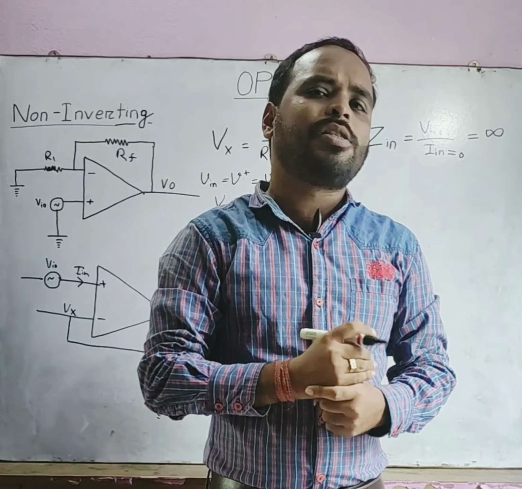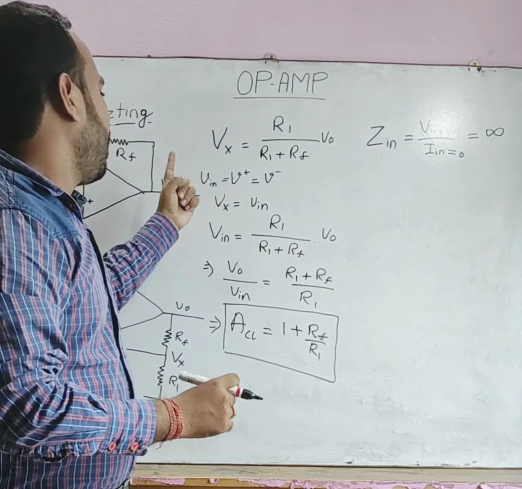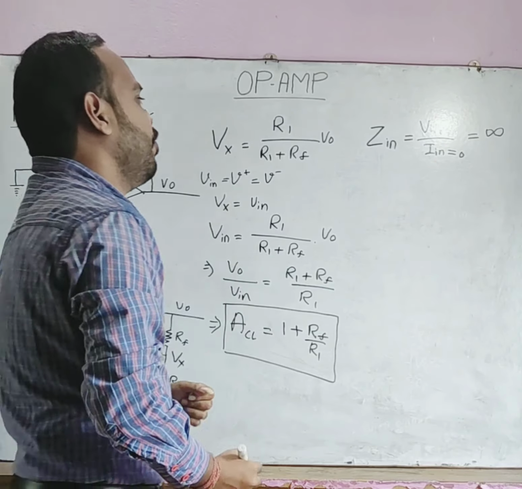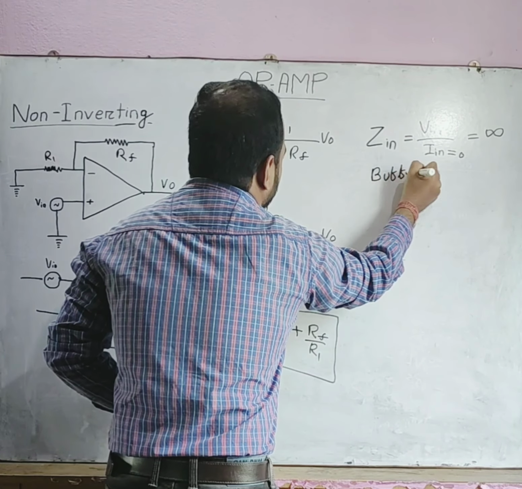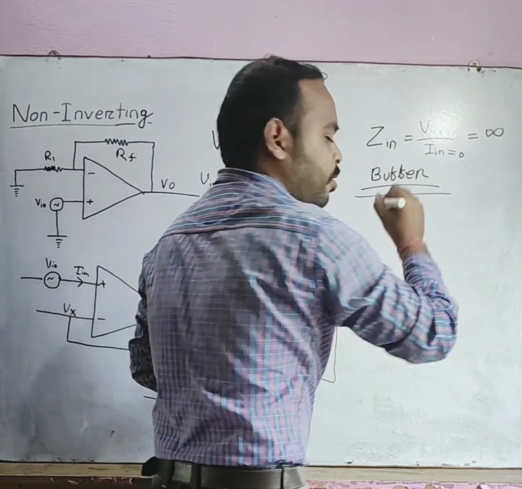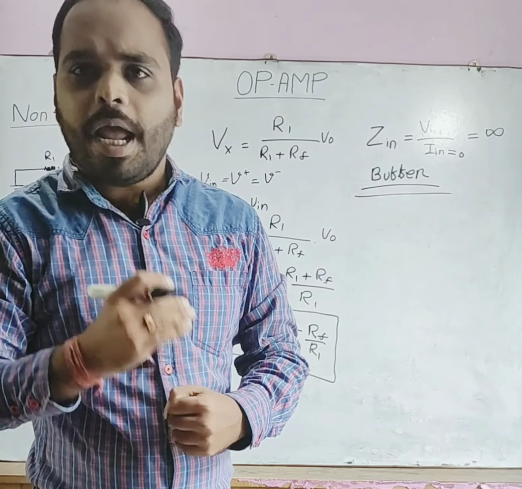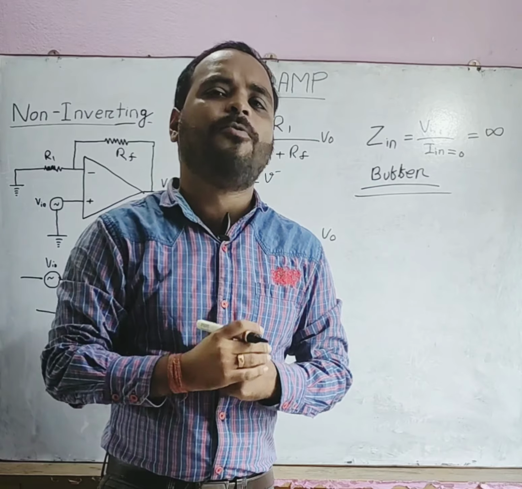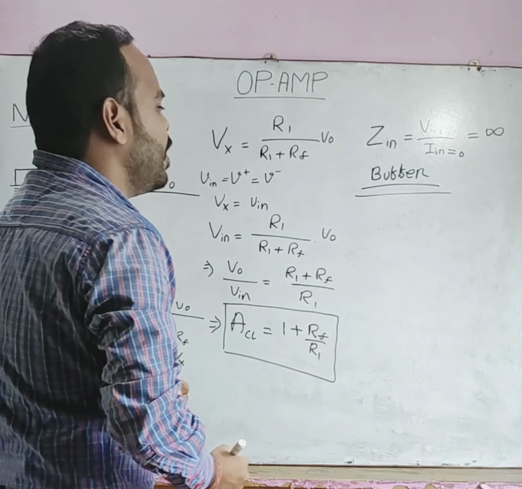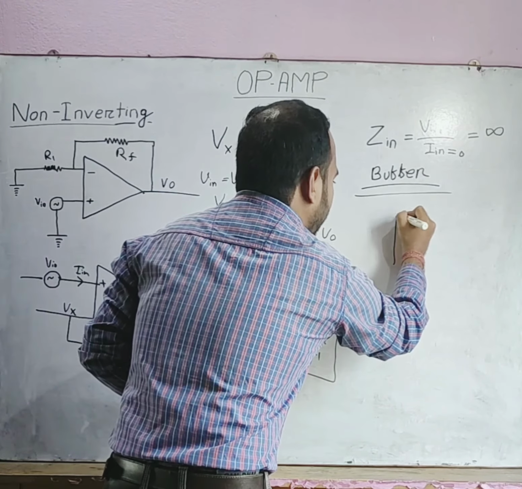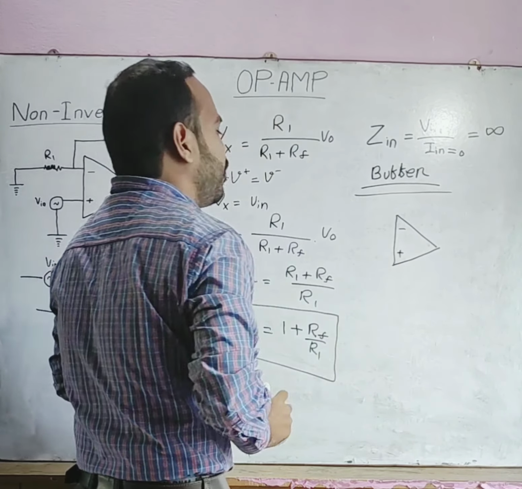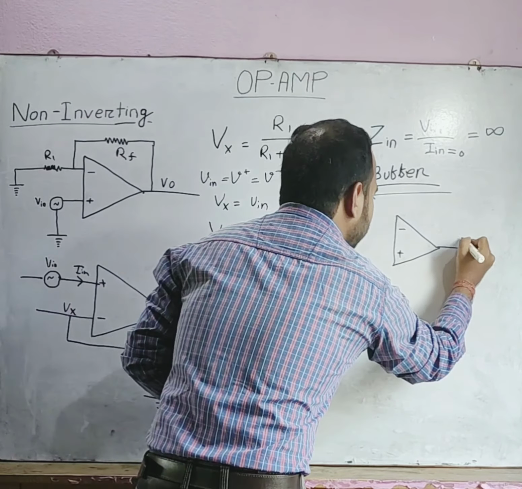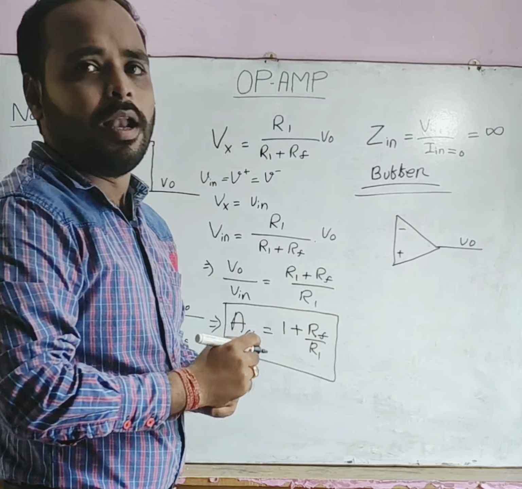Now let us discuss one application of this non-inverting op-amp. We know that the non-inverting op-amp is used as a buffer. So what is a buffer? A buffer is also called a voltage follower. Now let us draw a circuit. In a voltage follower, if this is the negative and this is the positive terminal, and this is the feedback, this is the output signal.